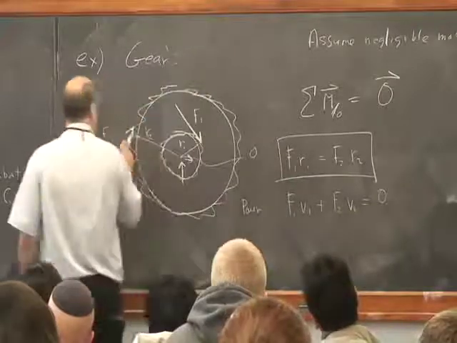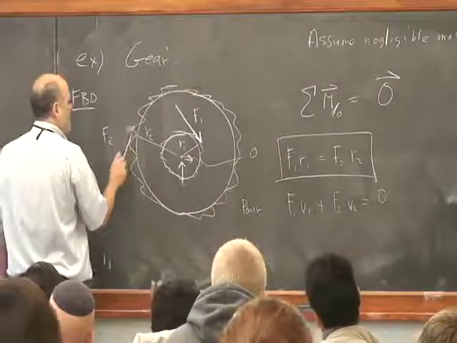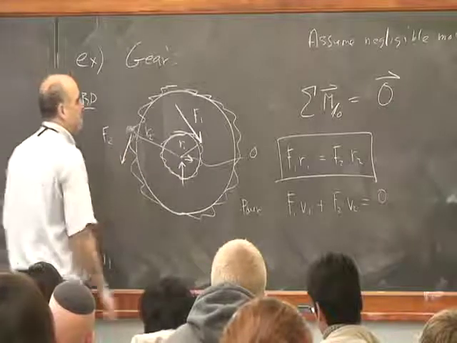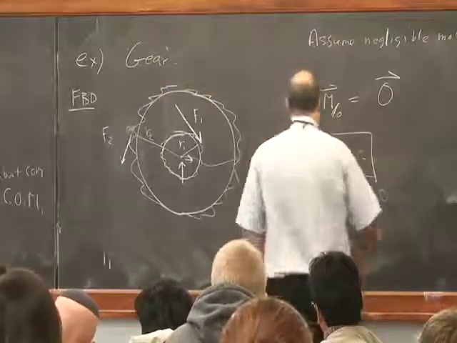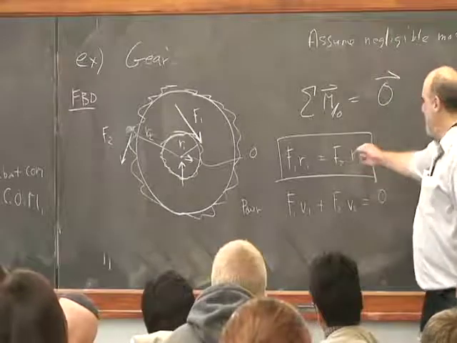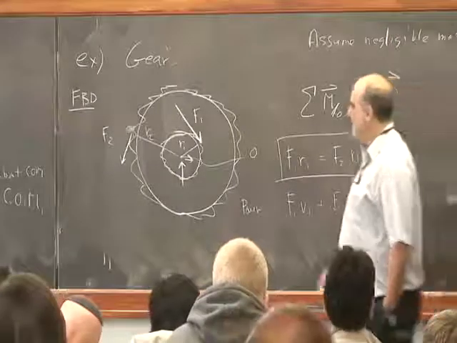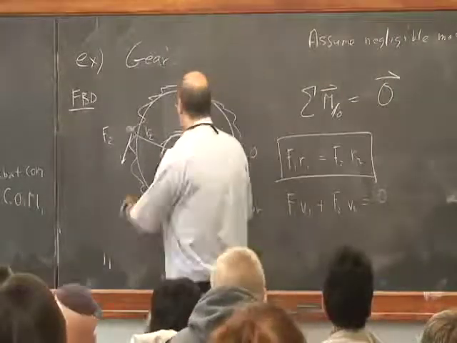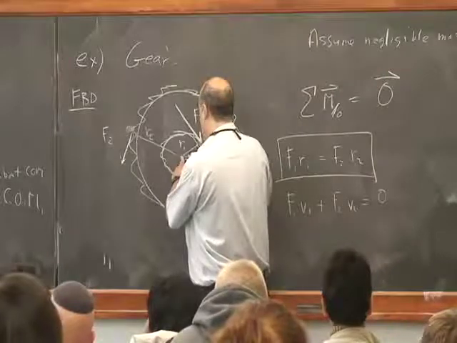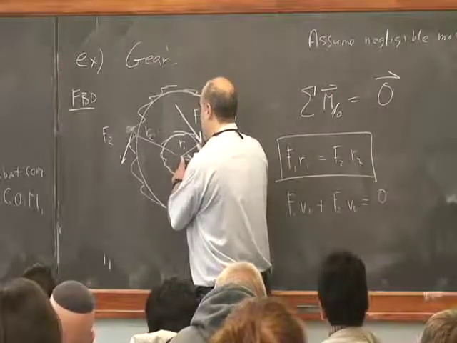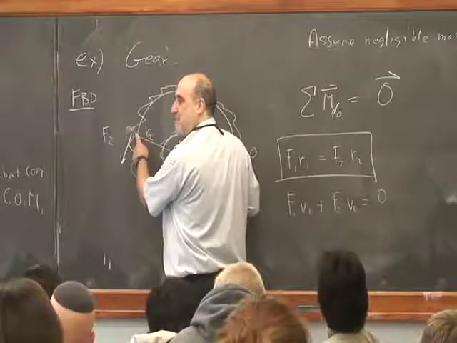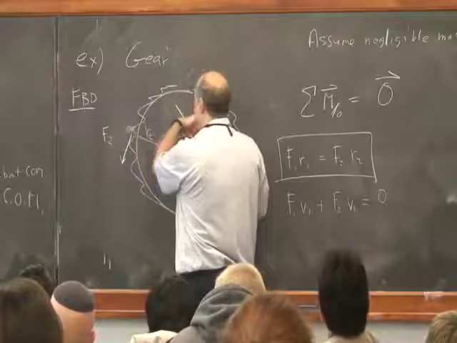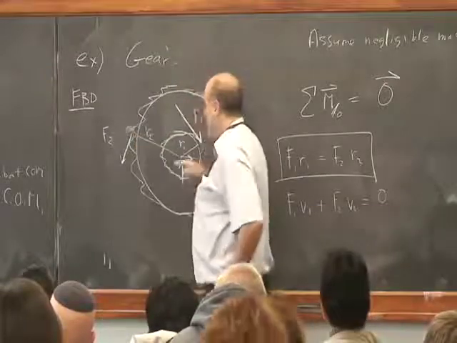This point, probably I should draw, let me just change the arrowhead on this one, so that this equation will be correct now. Put the tip of the arrow over here. This one is going with the force, moving with the point of application. This one is going opposite. So any power that's coming in here is going out here.